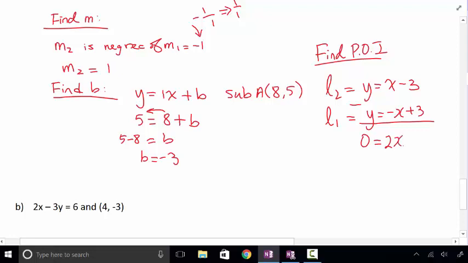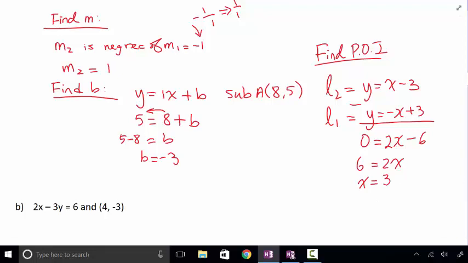Then negative 3 minus 3 is negative 6. Bring the negative 6 over to become 6 equals 2x. So x must equal 3. Remember, divide both sides by 2, you got x equals 3.